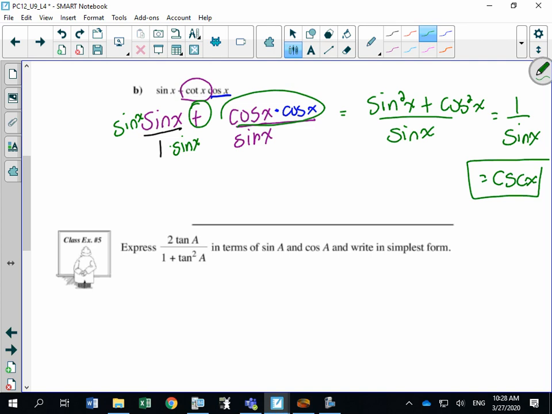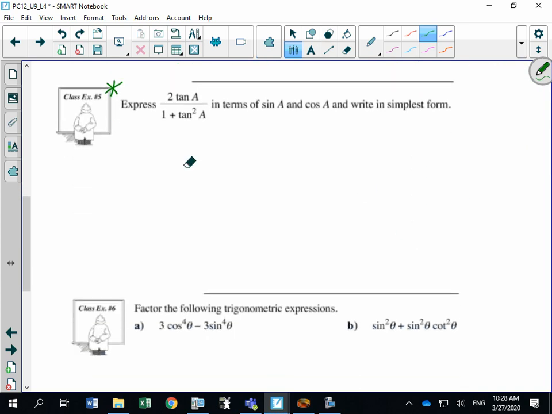Okay, class example number 5. I would say that this one by far is the most challenging. However, you'll definitely see a question like this on your quiz, and it would be on the exam. What it's saying is express this in terms of sine and cos. It's easy to do, because I could take out tan and put in the identity for tan.